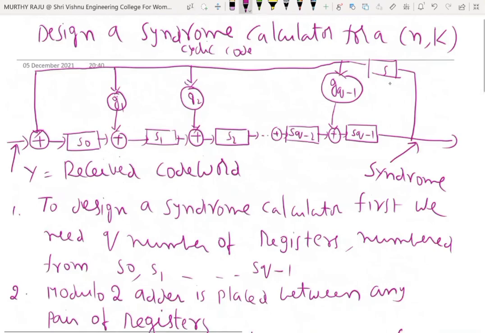The switch being closed means it acts as a short circuit. The output of the last register, Q minus 1, is connected to gates, and the received bits are shifted into shift registers.